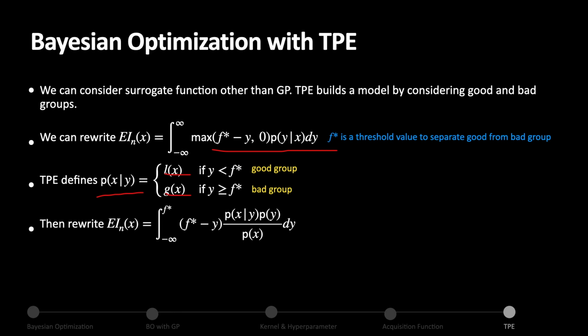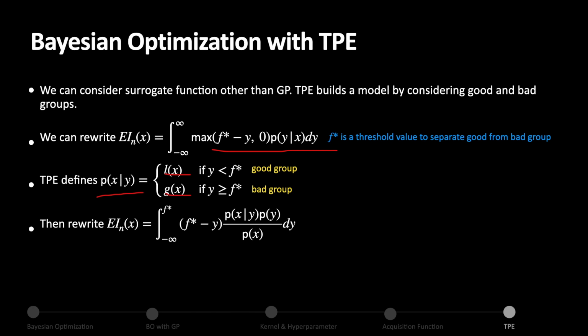Then we rewrite the EI of x as the integral from negative infinity to f star of f star minus y, times p of x given y, times p of y, divided by the probability of x.